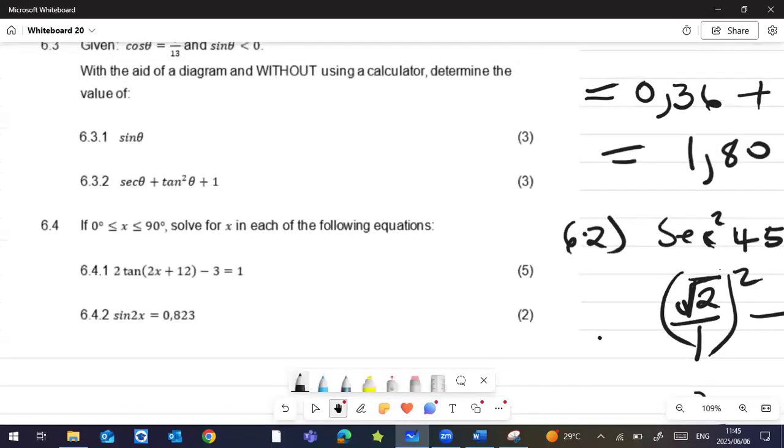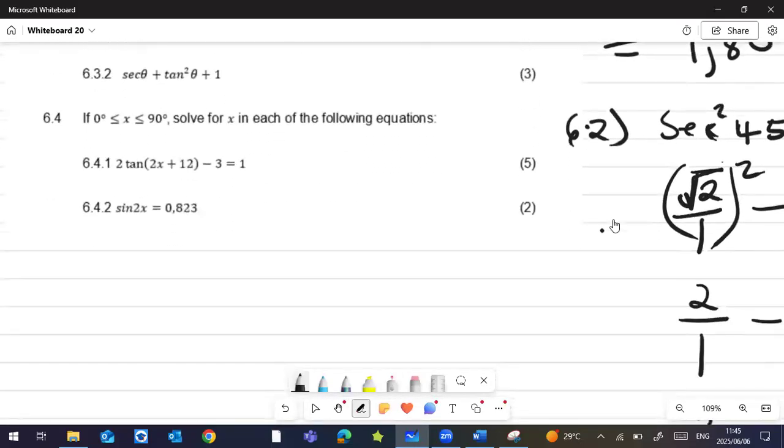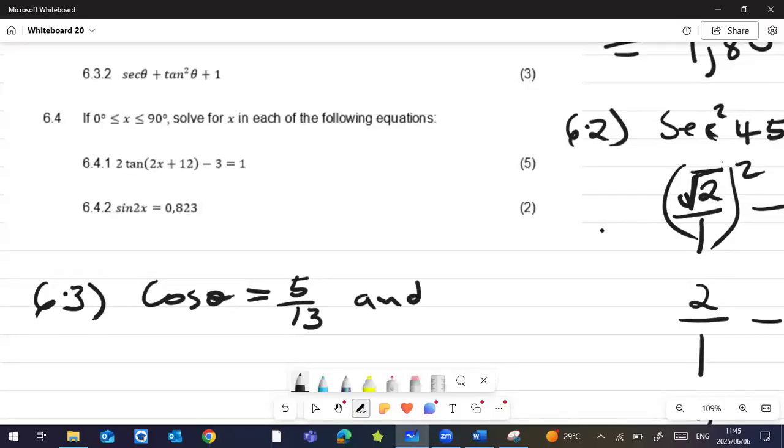Now let me write our 6.3 there. 6.3, we are given that cos theta equals to 5/13 and sine theta is less than 0.